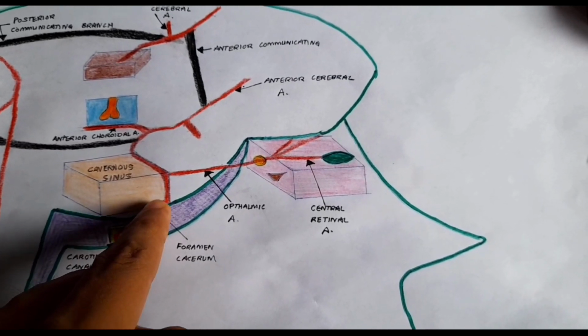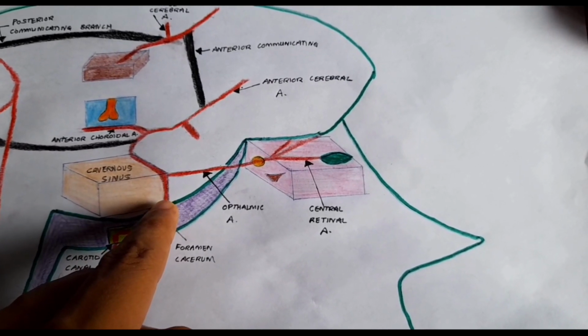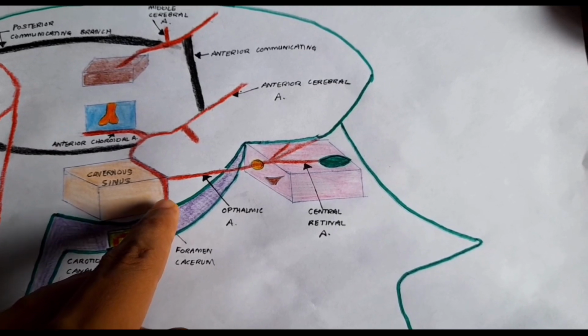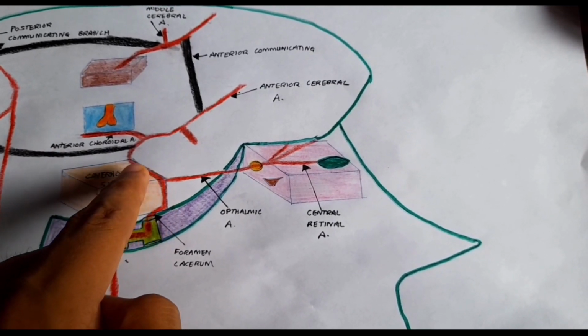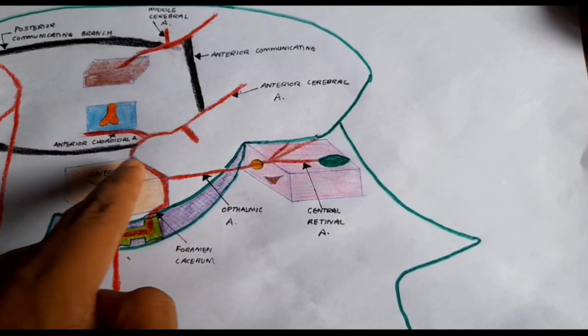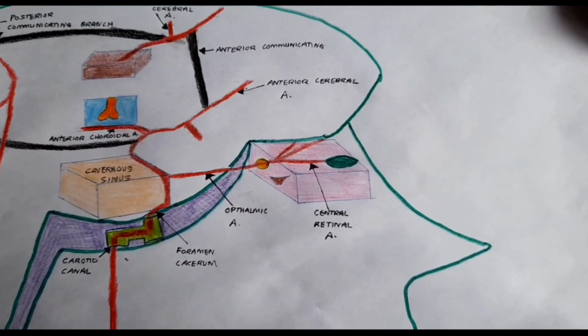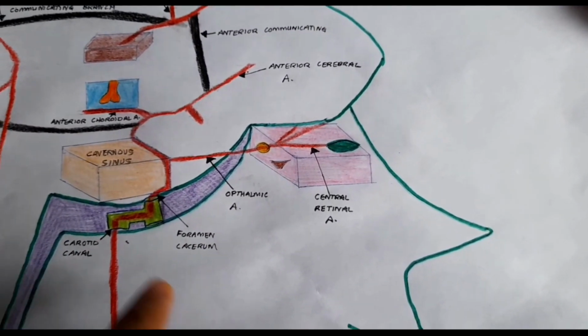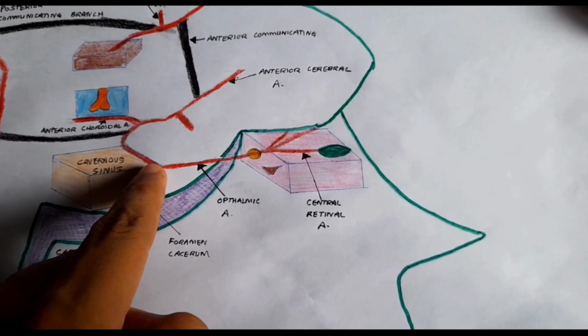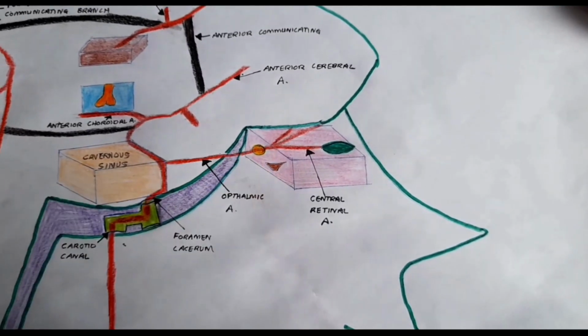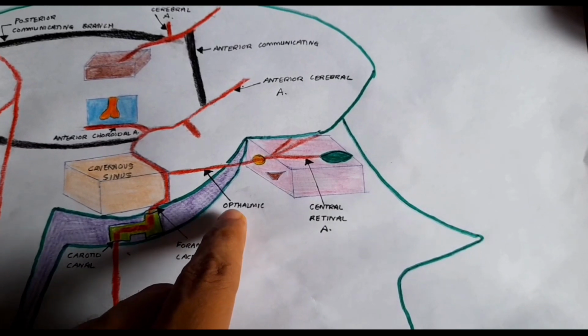When it goes out of the foramen lacerum, this internal carotid artery will go inside the cavernous sinus. It will give a branch, and this branch will go towards the eyes. This branch is known as the ophthalmic artery.